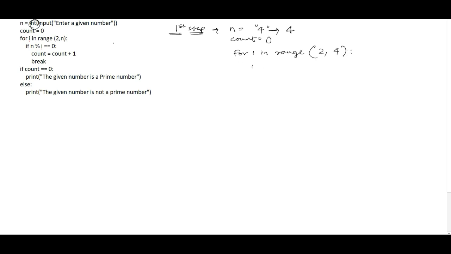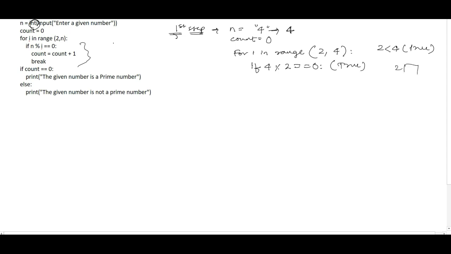So if 4 percent i, which starts with 2, double equals 0, this condition is true, right? 2 is less than 4, which means it is true, and it enters inside the body of the for loop. And if 4 modulus 2 double equals 0, if this condition is true, then it goes inside this if statement. So this is also true, right?